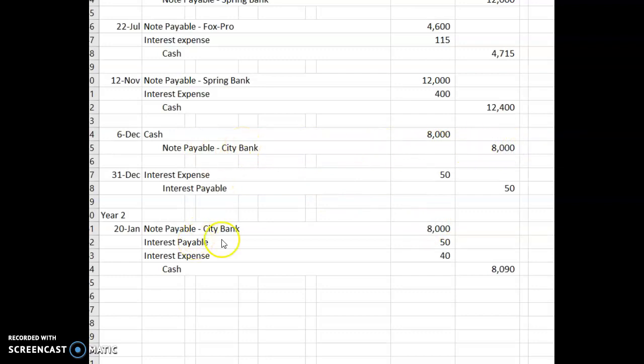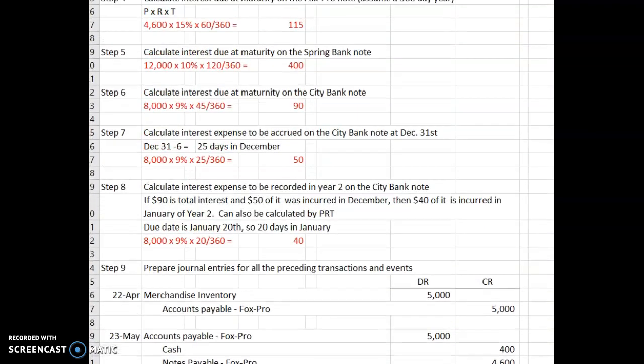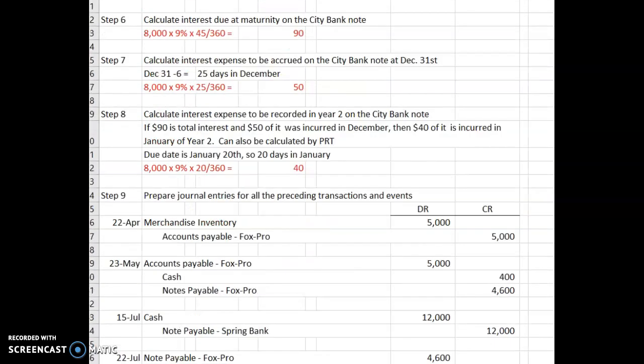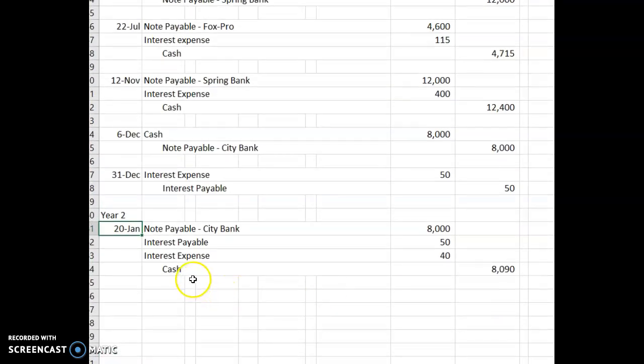Debit interest payable $50 to remove this liability from the books. Debit interest expense $40 for the 20 days we used the money in Year 2, and credit cash $8,090.